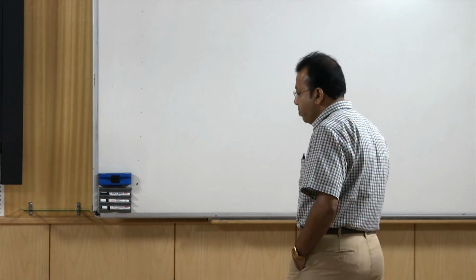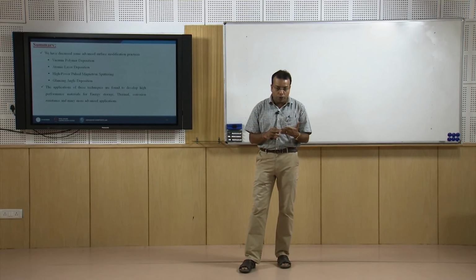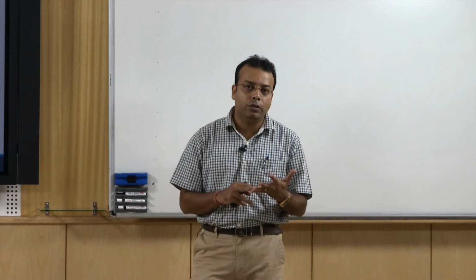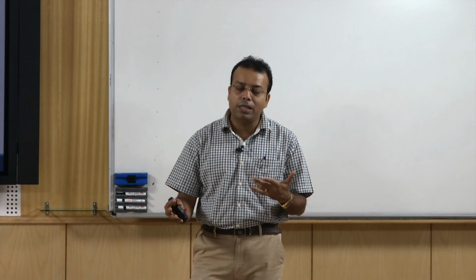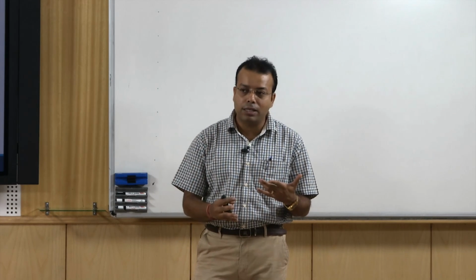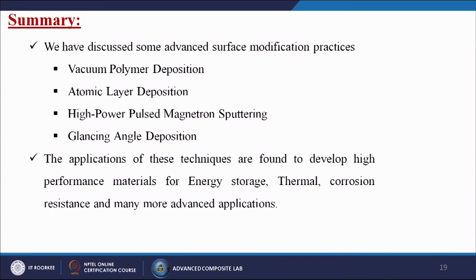So, in summary, in this particular lecture we have discussed 4 uncommon techniques, rather than the PVD process, physical vapor deposition, and the CVD process, chemical vapor deposition. One is vacuum polymer deposition, the VPD process, then the ALD process, atomic layer deposition, high power pulsed magnetron sputtering and the glancing angle deposition process.